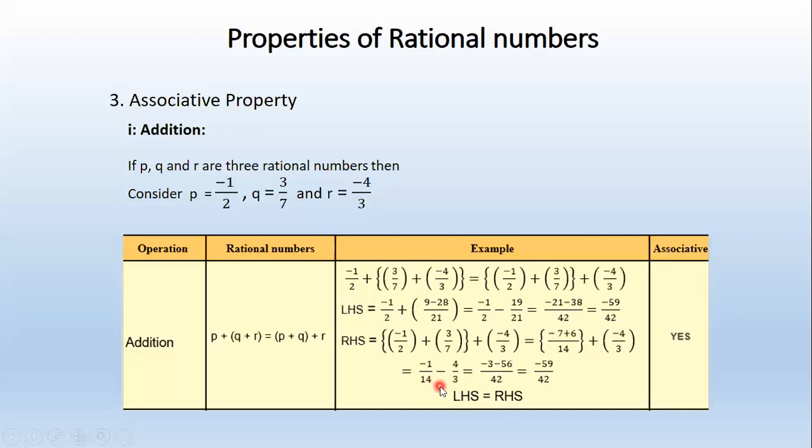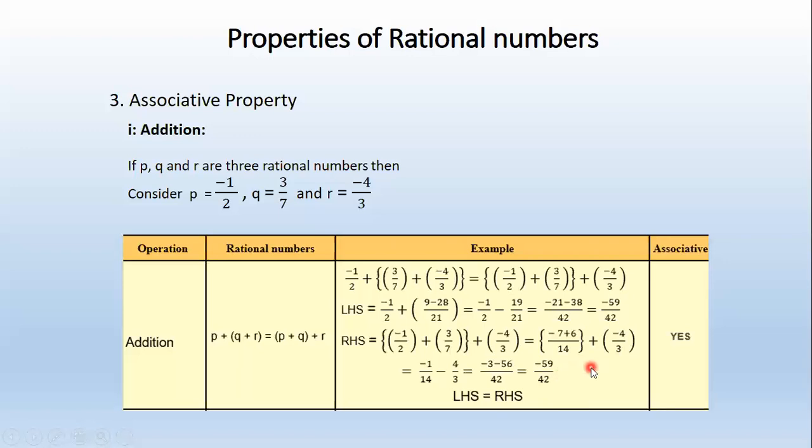So now we have to subtract these two numbers. The denominator will be 14 3s are 42. Cross multiply: minus 1 into 3 is minus 3, minus 14 4s are 56. So minus 3 minus 56 will be minus 59 by 42.